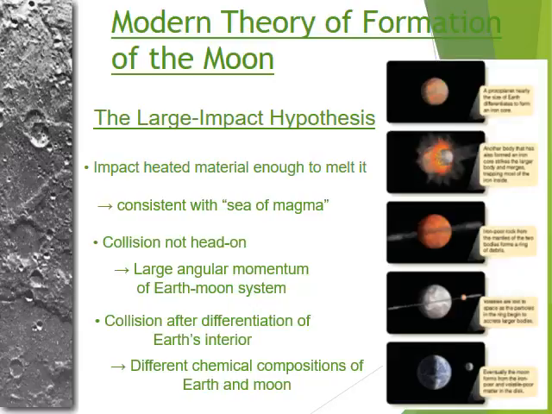And again, a good hypothesis always has evidence. It's not just a guess. There's got to be evidence. Part of the evidence that supports this hypothesis is the fact that the Earth and the moon have different chemical compositions. The Earth is much more dense than the moon. The Earth has a lot more iron than the moon. That's partly because the Earth, at the time of this collision, was already differentiated.